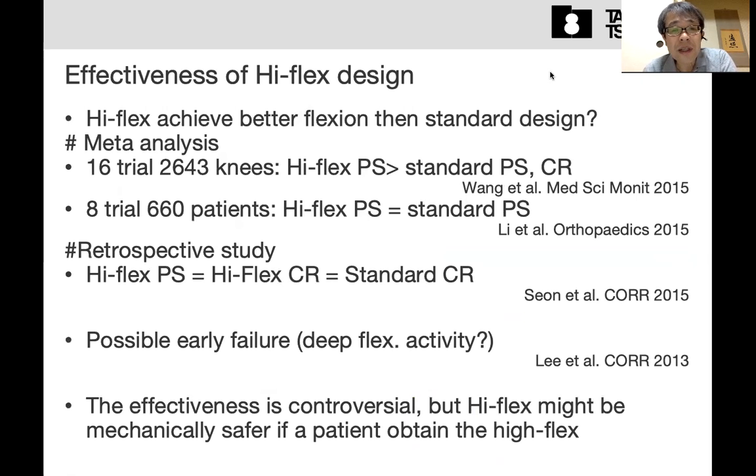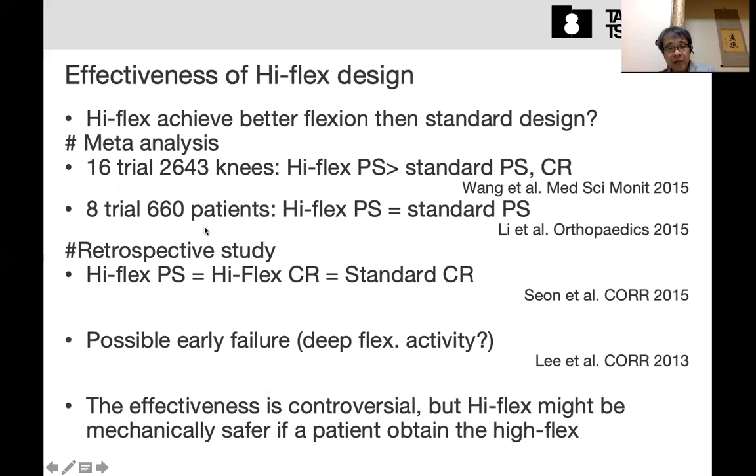One meta-analysis showed that the high flexion PS achieved a deeper flexion angle compared to the standard PS and PRV. But in another meta-analysis, the postoperative flexion angle was equivalent in both components, both high flex PS and standard PS.